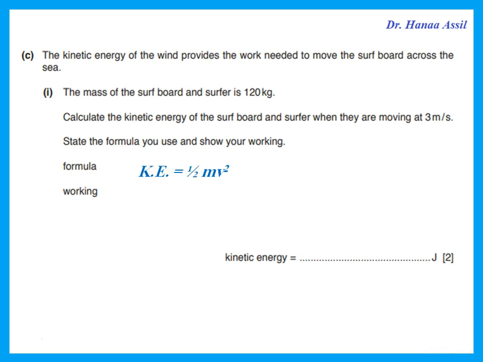You should know that kinetic energy is half mv squared: half times mass times speed to the power 2. So, half times the mass, 120, times the speed, 3 meters per second, to the power 2. That gives me 540 joules.